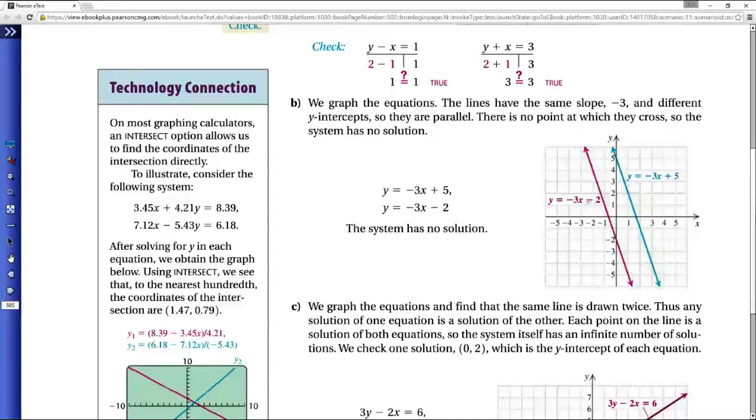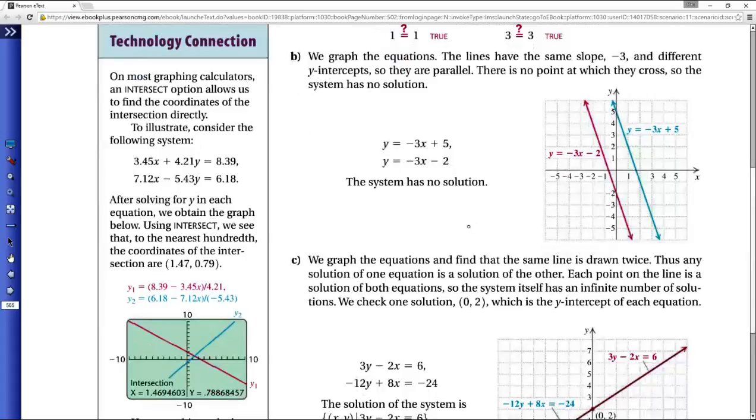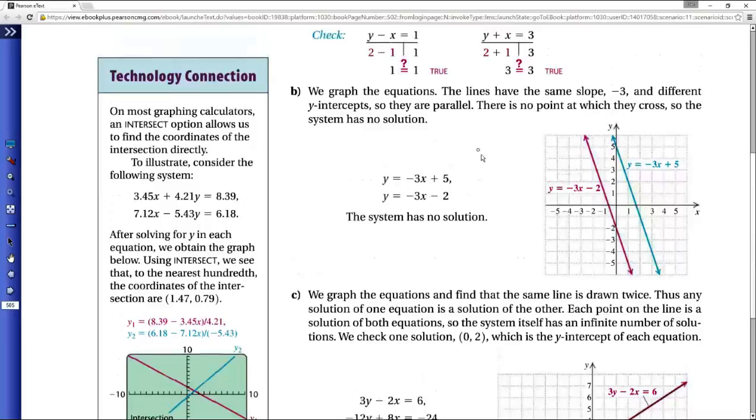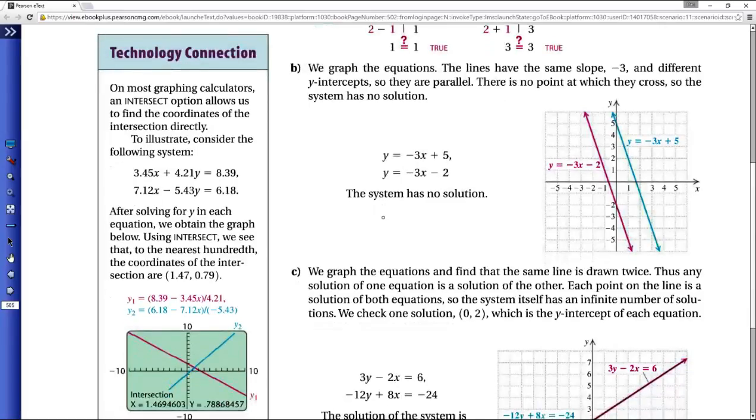In other words, is there an ordered pair that will make this true and this true at the same time? And there is not. There's never any point of intersection, so there's no point where they will have a solution.